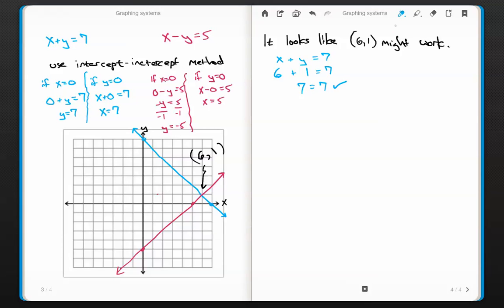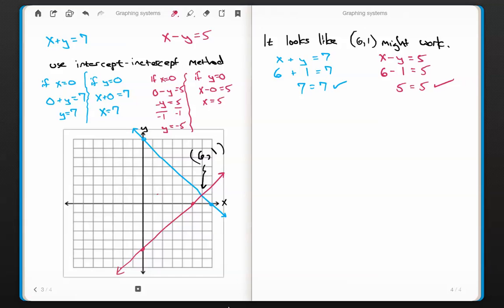That works. And in the red corner, all right, let's see, we have x minus y equals 5. So that's 6 minus 1 equals 5. Ooh, 5 equals 5. So that works too.